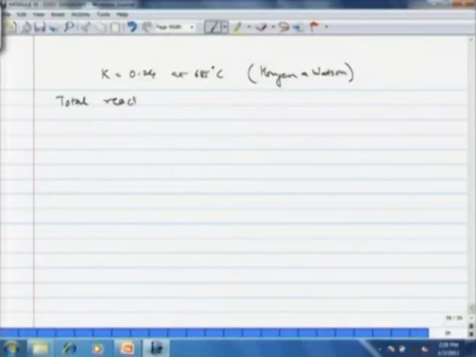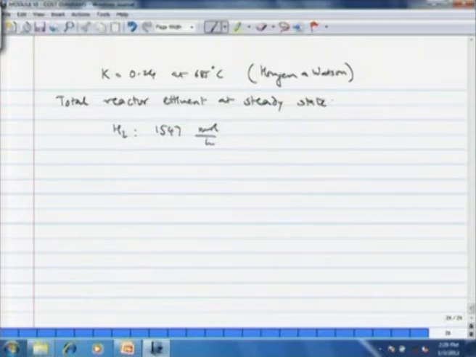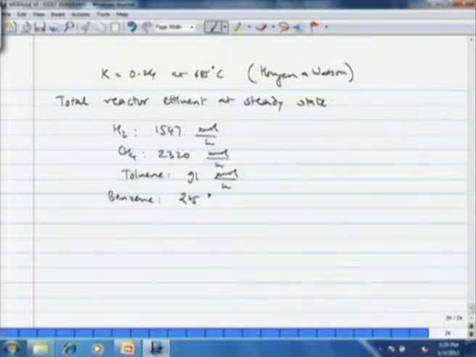The total reactor effluent at steady state will comprise hydrogen 1547 moles per hour, methane 2320 moles per hour, toluene 91 moles per hour, benzene 265 moles per hour.